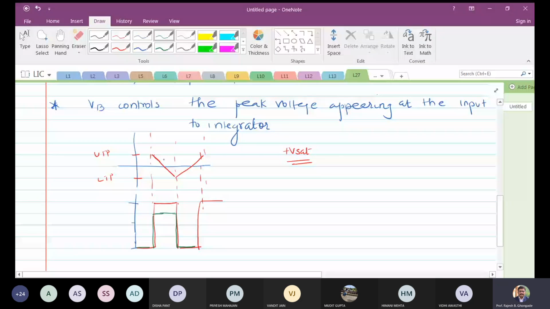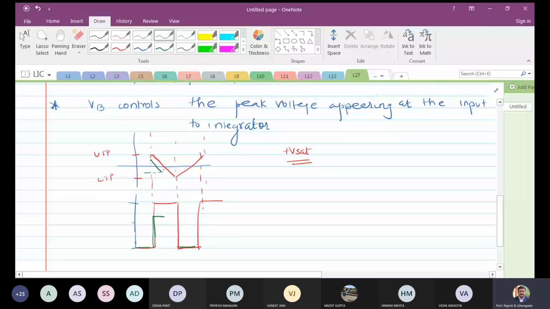So instead of this, in fact, it is not going to be like this. Let me clarify it further. It never reaches the peak value, but it reaches somewhat about here, let us say. And then the new LTP is reached very fast, or let us say these values are also reduced. So it will be like this.